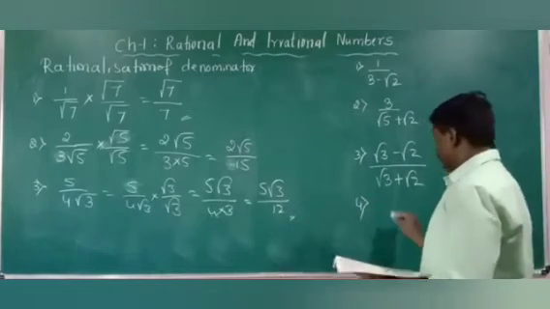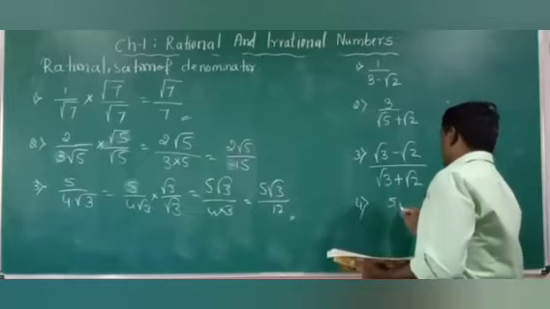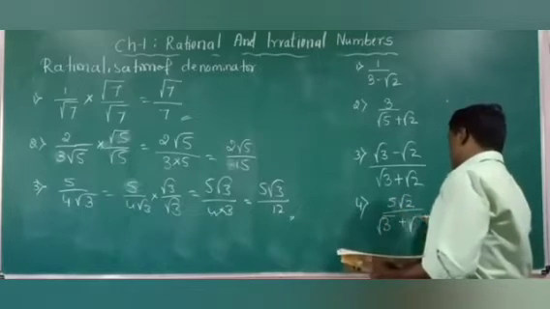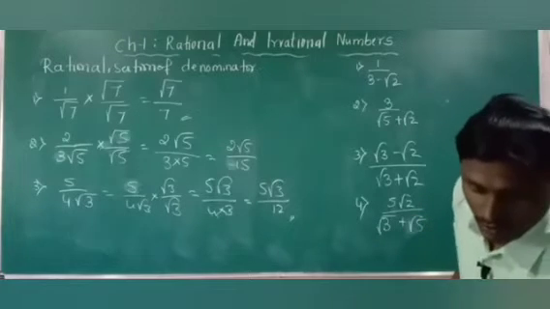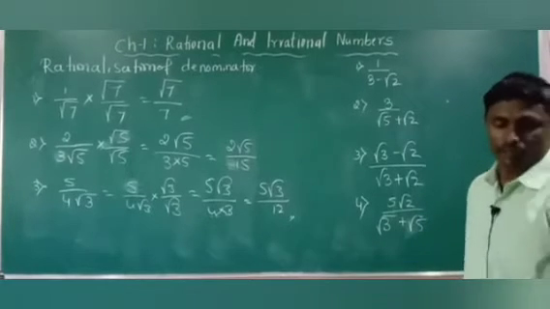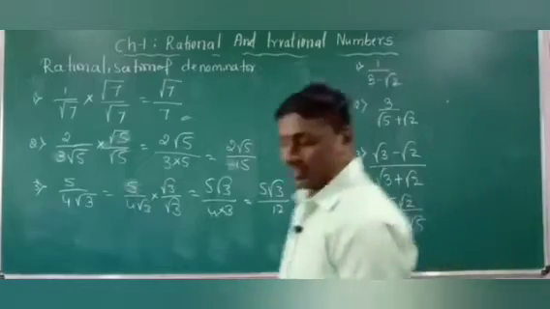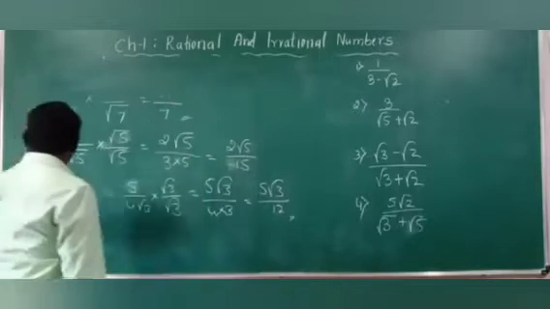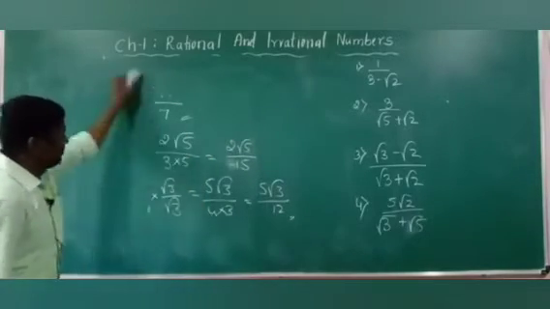Fourth one, 5 root 2 divided by root 3 plus root 5. Here 4 questions are there. We need to rationalize the denominators.